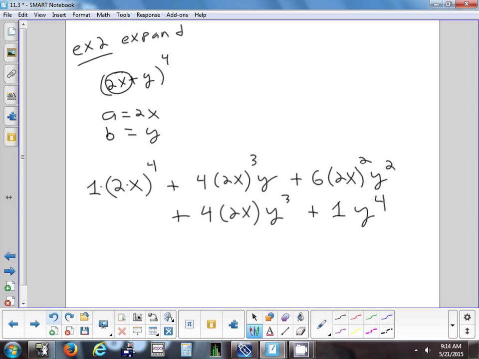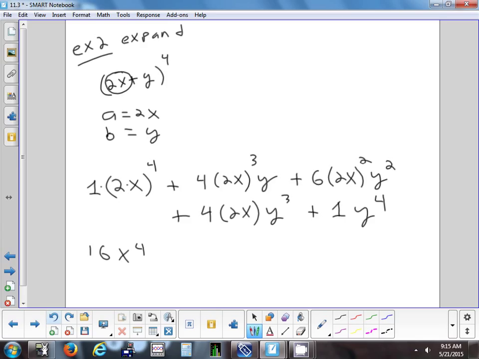Sylvia, what's 2 to the 4th? 2 times 2 times 2 times 2. 16. We're not done yet. Times 1. Is that 16? 16. And now, also don't forget we have to raise x to the 4th power.